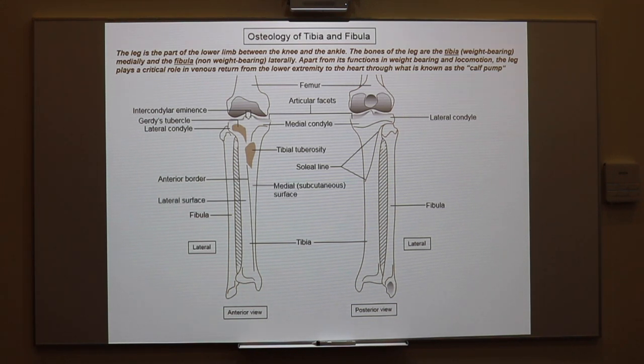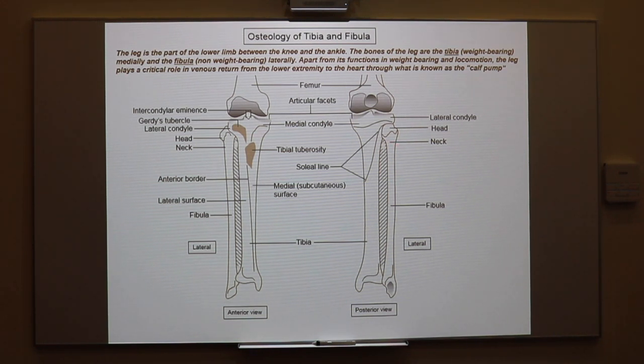The medial surface, as I have said before, is subcutaneous. The anterior lateral surface will give origin to the muscles of the anterior compartment of the leg. Then you have the head of the fibula here, and the neck of the fibula. The important thing about the neck of the fibula is that it is associated with the common peroneal nerve.